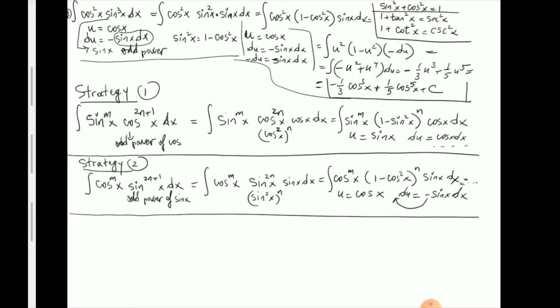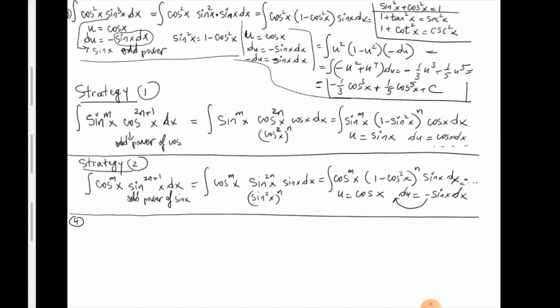Okay, so you may wonder now, what if both are odd? Well, in that case, you're in luck. You could use either of the two methods, although be prepared for the fact that the answer may look different, although it's correct either way. So let me do it here. This will be my fourth example.